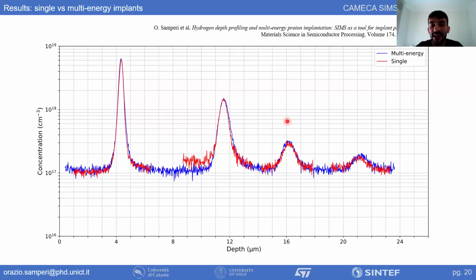Because if the beam is stable during the multi-energy implantation, you should see that the peaks are superimposed with the single energy implants. And this is the case. So in this case, we can see that the machine we used was working well at the time of the implantation, of course.